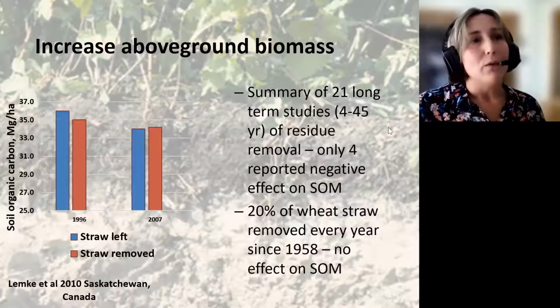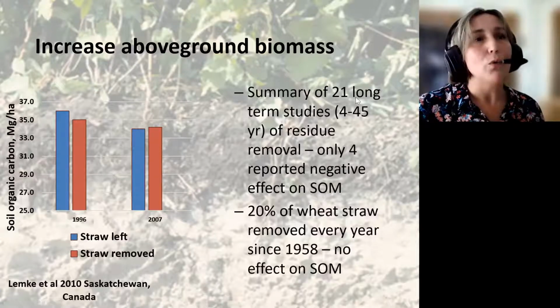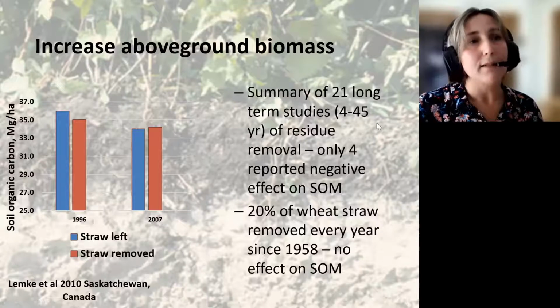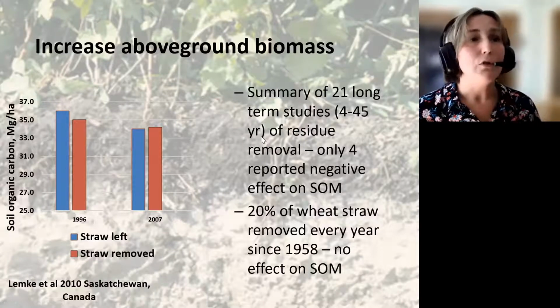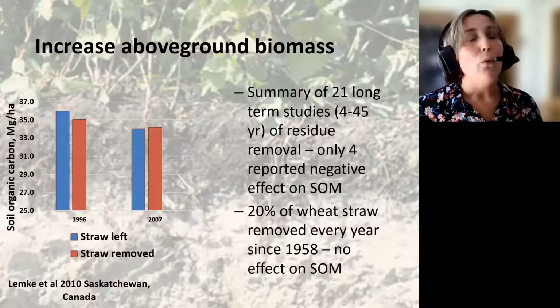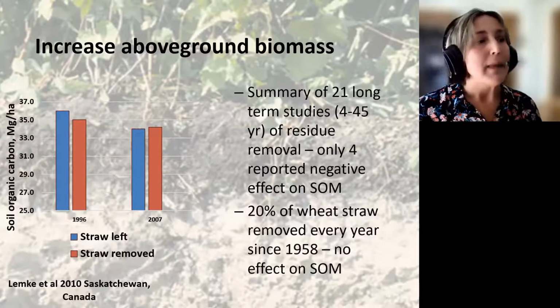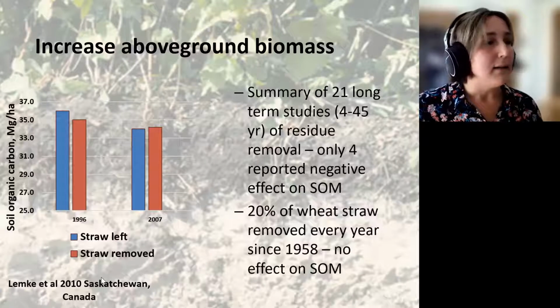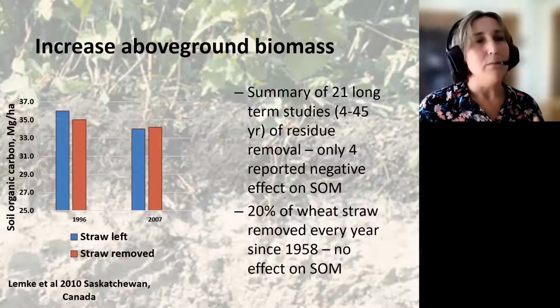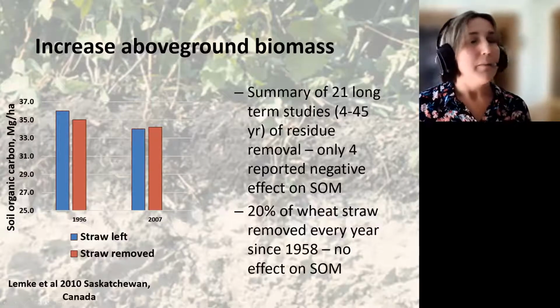A summary of literature from 21 long-term studies, going anywhere from 4 to 40 plus years of residue removal, found that only in 4 of those studies was there a negative effect of removing the residue on soil organic matter level. And here are the results from a study from nearby Canada.